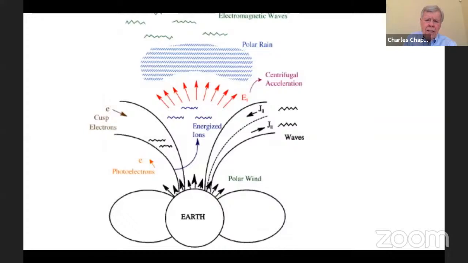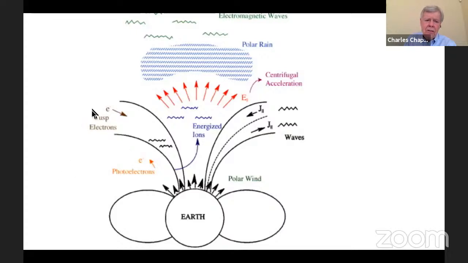Now, the polar wind, and this is a more elaborate schematic of the polar wind done by Bob Schunk. The polar wind is coming out of the ionosphere anywhere the sun is shining on it. At lower L shells, it fills up the plasmasphere, and at higher L shells, above say 6, it flows up into the polar caps, and the convection field carries it across the polar cap and out into the tail.